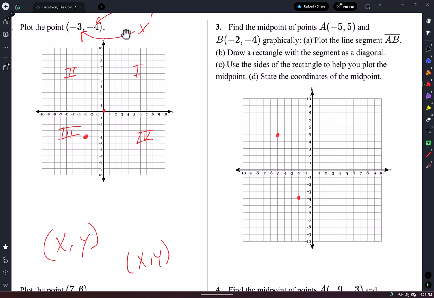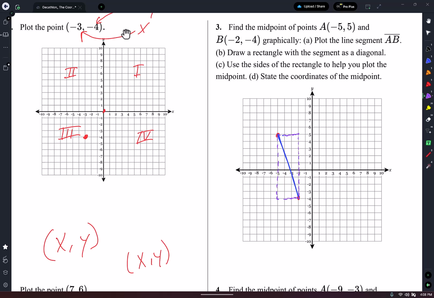So they're pretty much telling us where the midpoint is. I'm not a big fan of that, but I guess. Here's the diagonal. You just connect them. I'm trying to be perfect. If you have a ruler, and they're telling us to draw a rectangle. So let me use purple. Do you see that rectangle right there?